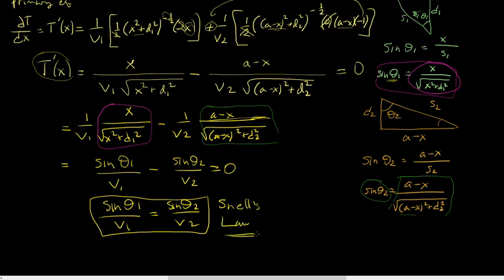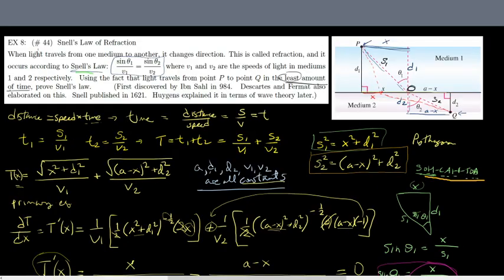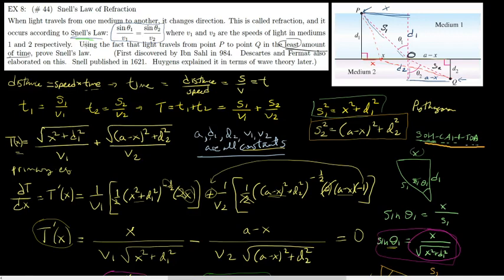Snell is the person that got credit for it, but suffice it to say, a lot of people figured this out even long before Snell did. But that's what we wanted to prove. Remember, the original problem was refraction according to Snell's law, and we wanted to use the fact that light travels from P to Q to prove Snell's law.